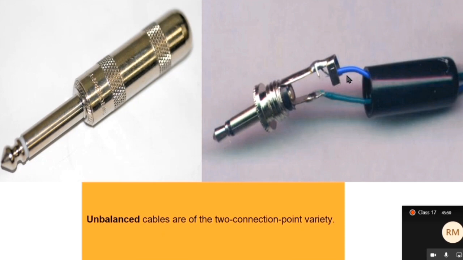And then if you go to the plug itself, notice that there's a sleeve of metal material separated by a ring of plastic, and then a tip, which is also metal material. So that means that the devices make contact with this tip, and they make contact with the sleeve, and it's separated by this ring. And then here you have two cables, right? So that's what an unbalanced cable is.